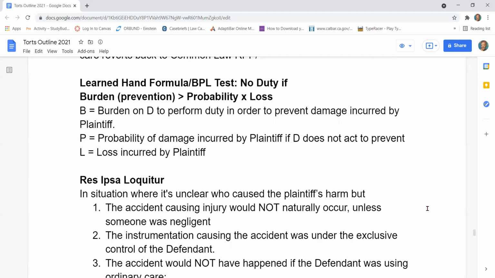B equals burden on the defendant to perform duty in order to prevent damage incurred by the plaintiff. P stands for the probability of damage incurred by the plaintiff if the defendant does not act to prevent. L is the loss incurred by the plaintiff.